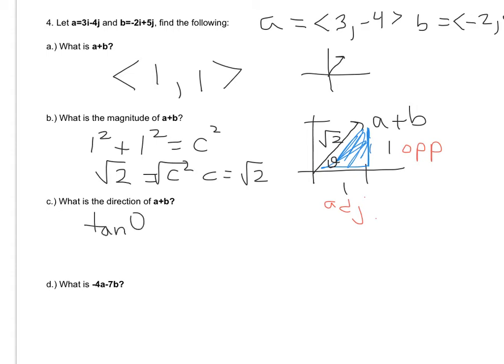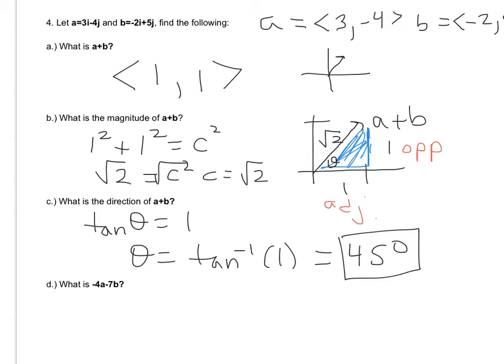Tangent of the angle equals opposite over adjacent, so that's 1 over 1, which is 1. To find the angle, I'll take the inverse tangent of 1, and that will give me my direction, which is 45. So really all we're trying to do here is find an angle in a right triangle, and the hypotenuse of a right triangle when you're trying to find the magnitude and the direction.